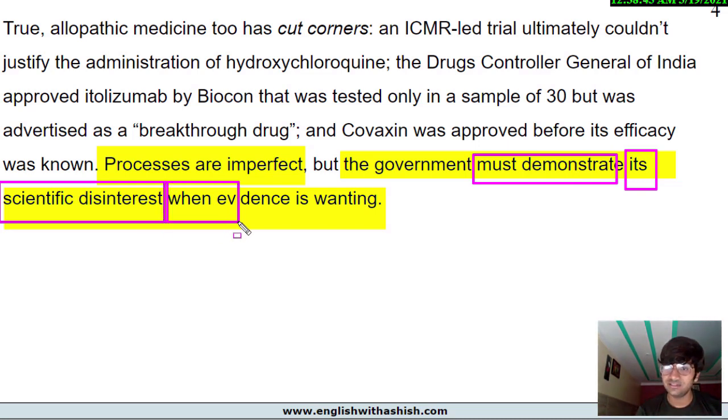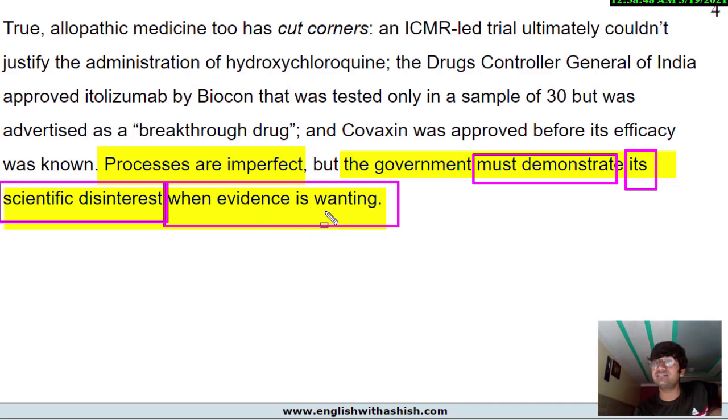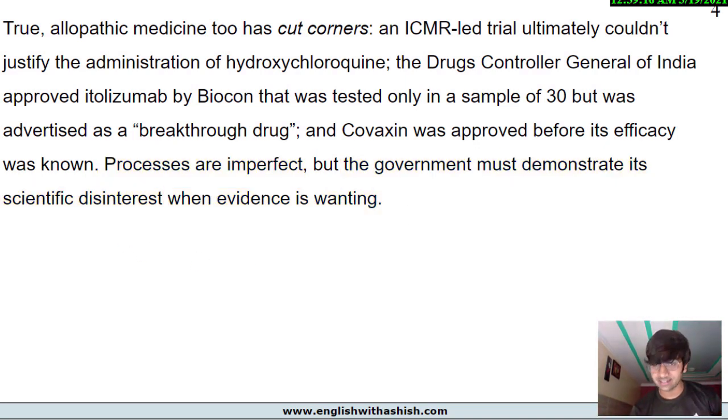When should they demonstrate their scientific disinterest? When evidence is wanting. Adverb clause, talking about the time, right? When should this happen? When evidence is wanting, when everybody is asking for the evidence. When, conjunction; evidence, noun; is, helping verb; wanting, main verb; hence it's a clause. Talking about the time, hence it's an adverb clause of time. So subject, verb phrase, object, adverb. Clear? Hope everything is clear.